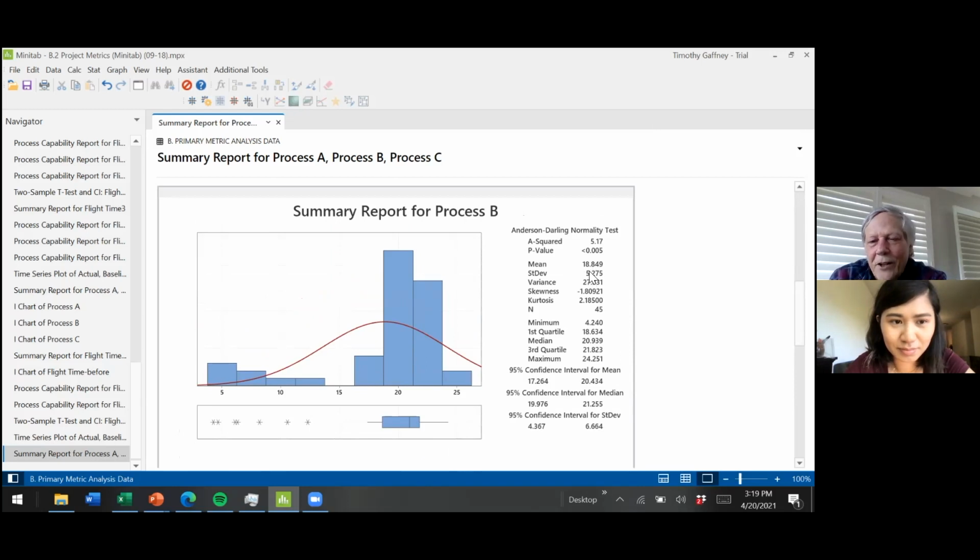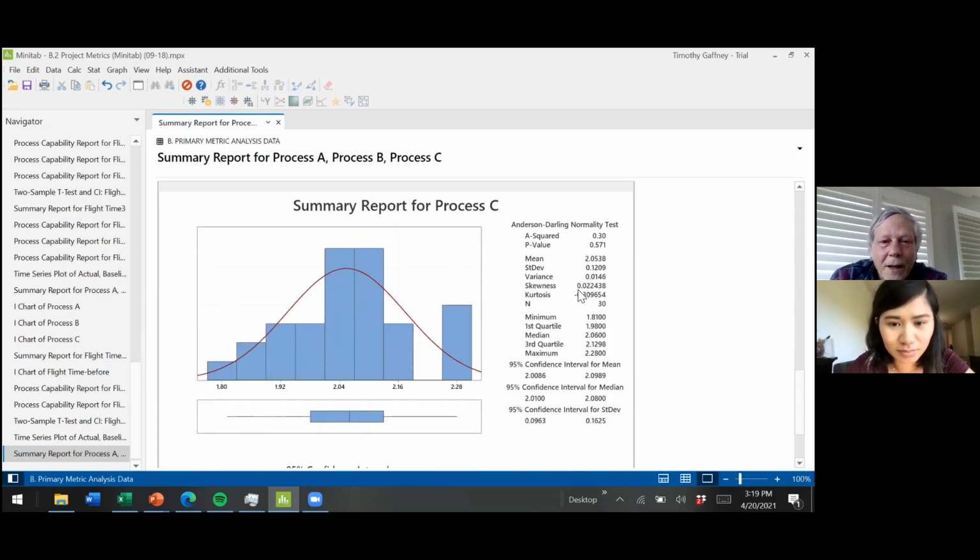Look at that standard deviation. It's like a third of the value of the mean. That's really a lot of variation. Okay, process C. Normal or not? Normal, and there's the mean. This is our helicopter data. You can see the average is 2.05, and there's our standard deviation.